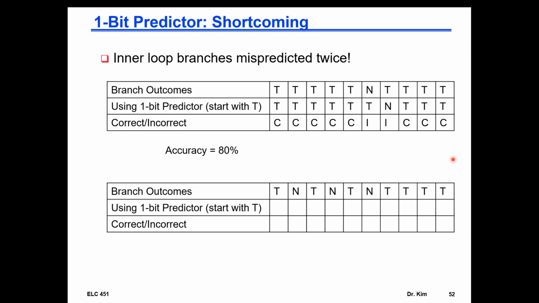And we can have another type of simulation where the loops are shorter, in the way that they are arranged. So in that sense, with a 1-bit predictor, if we start with assuming that the branch was taken, and our prediction is correct, then the branch is not taken, and we're incorrect. Then we assume that it's not taken, but it is taken, so we're incorrect again.